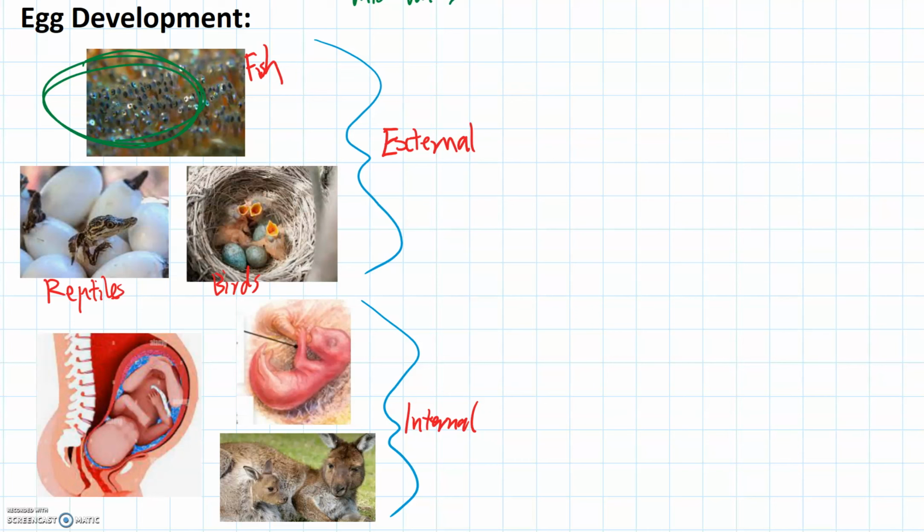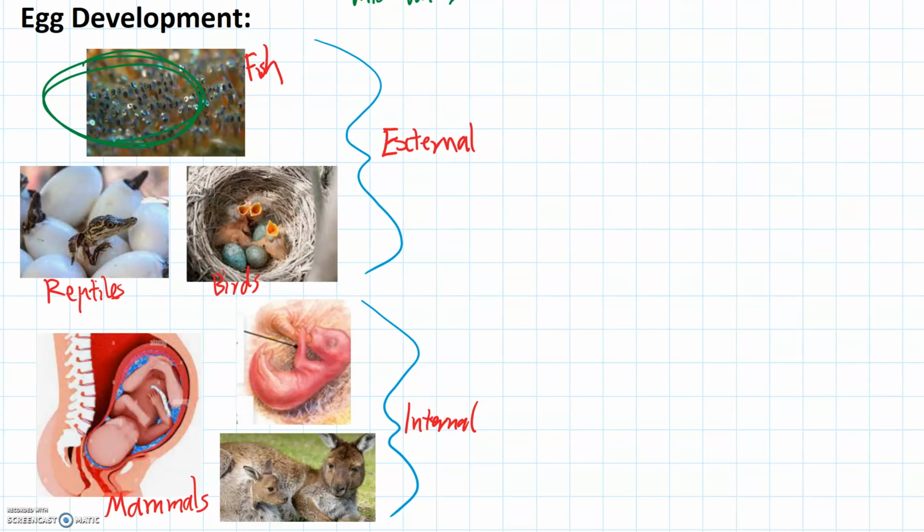With mammals, we have internal development of the egg. So for humans and other mammals, there's the uterus in the female, where the baby develops completely until it's ready to be born.